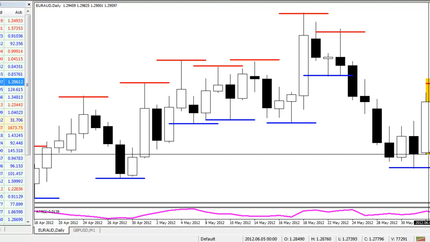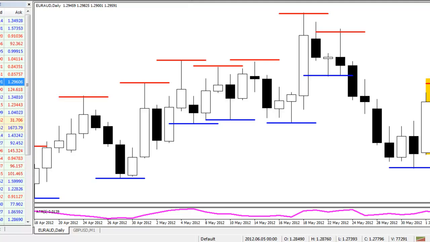So this close needs to be in the bottom 90. As it happens, it's in the lower 80. Therefore, this is our entry point on the close of this bearish candle. So we enter on the closing price, which we're going to demonstrate now with this blue line.